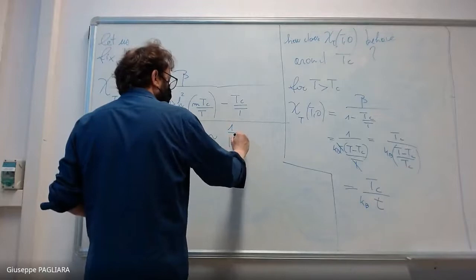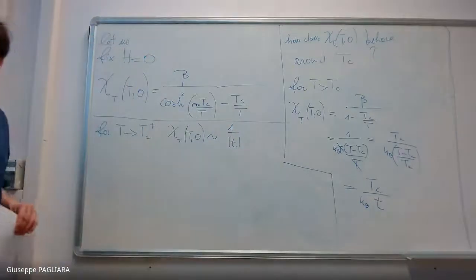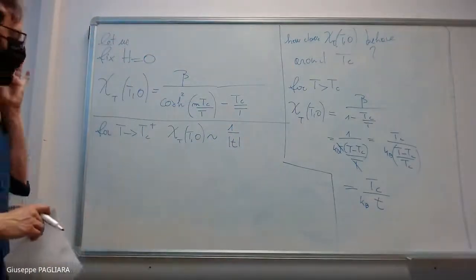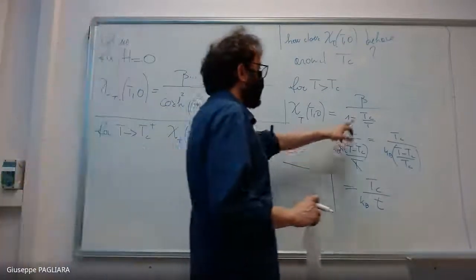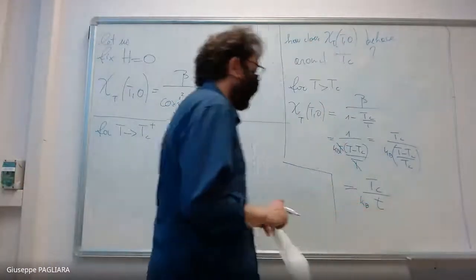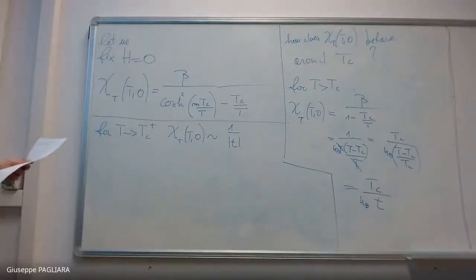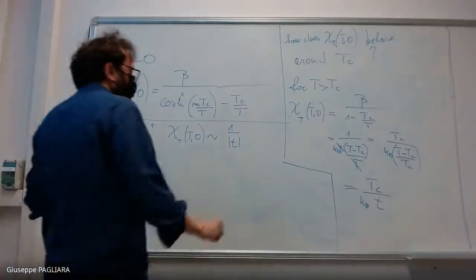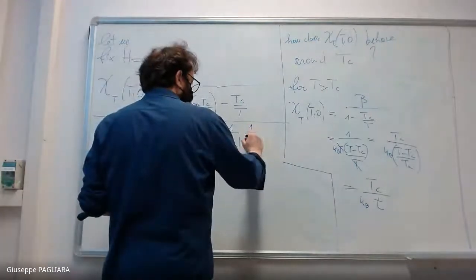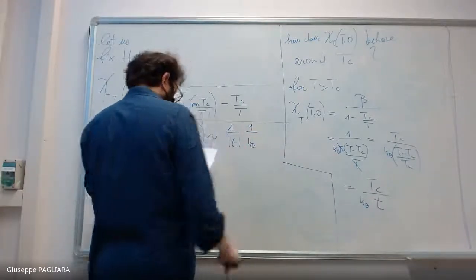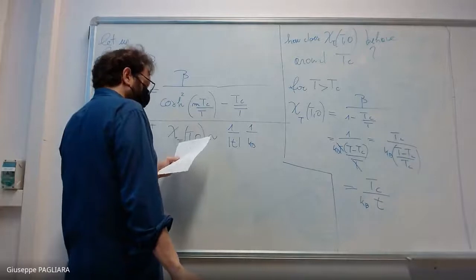Let me put an absolute value for reasons that will be clear later. In any case, for T larger than Tc it's positive, and so you can also put the absolute value, times a constant, k_1 divided by k_2, and then Tc.